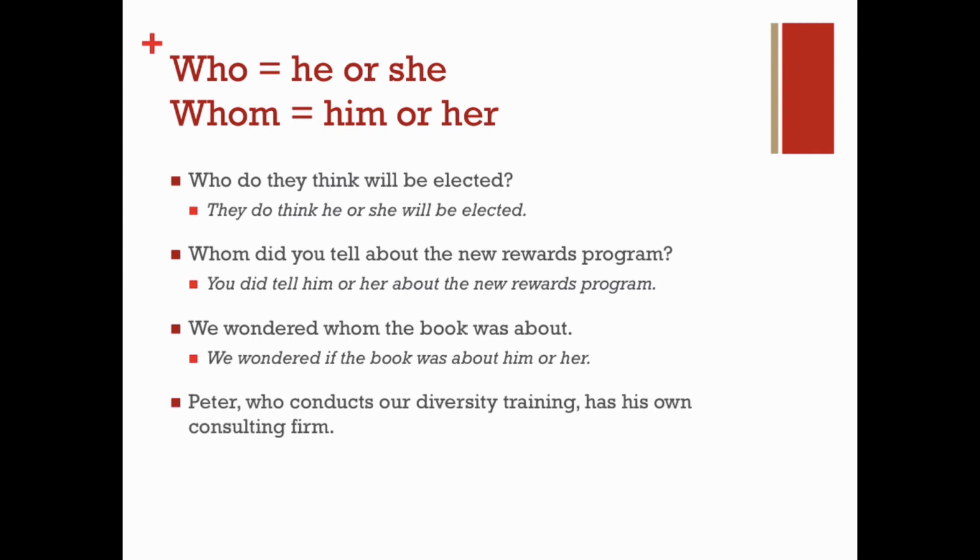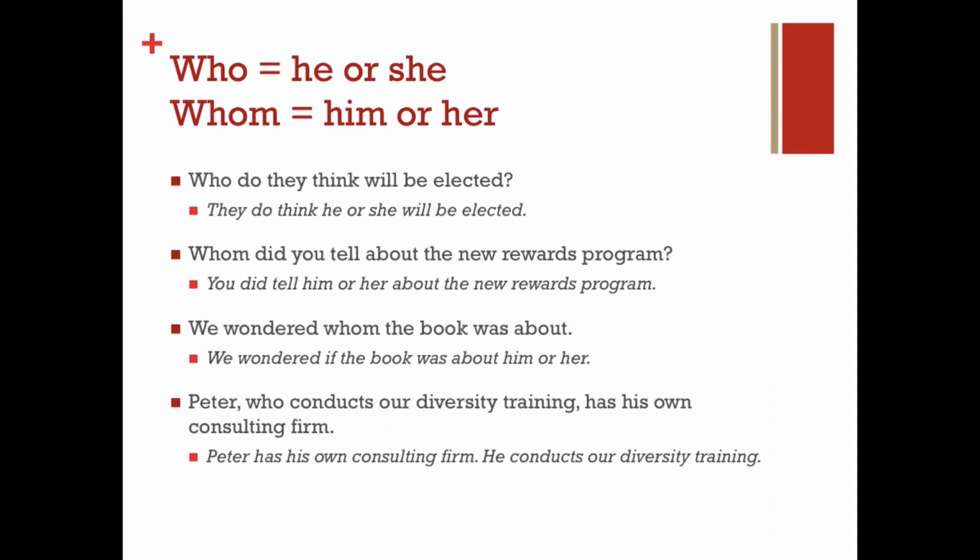And then lastly, Peter, who conducts our diversity training, has his own consulting firm. So this one I actually turned into two sentences because we have an appositive here with the section that is offset by commas where it says who conducts our diversity training. So I've got two sentences here to break this one down. Peter has his own consulting firm. He conducts our diversity training. So we wouldn't say him conducts our diversity training.